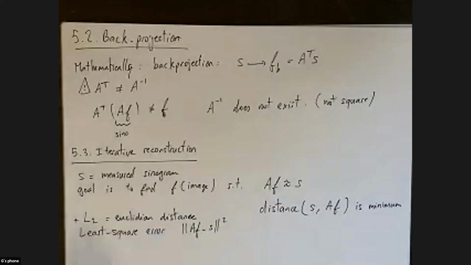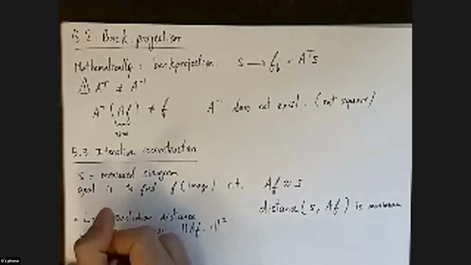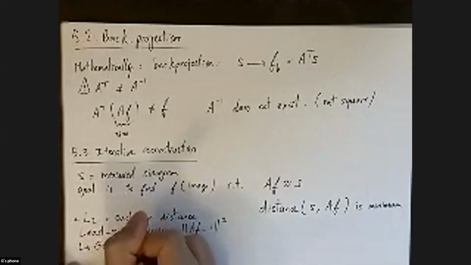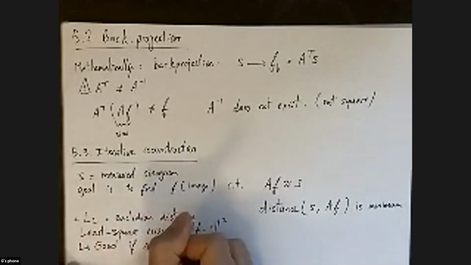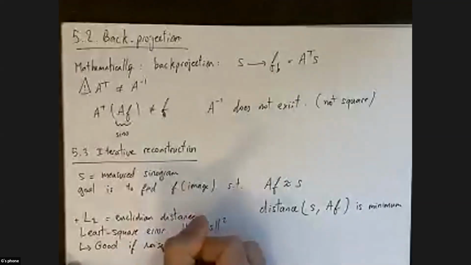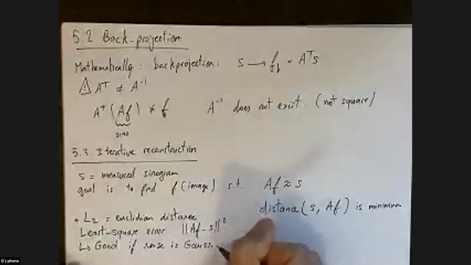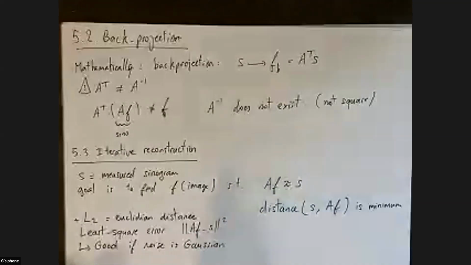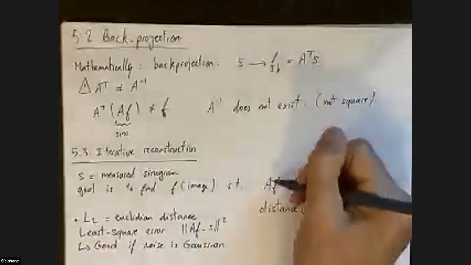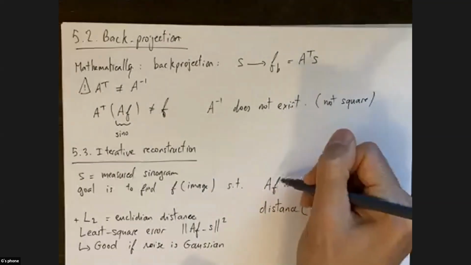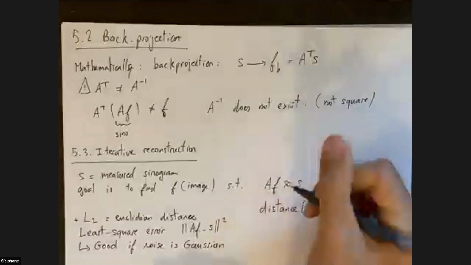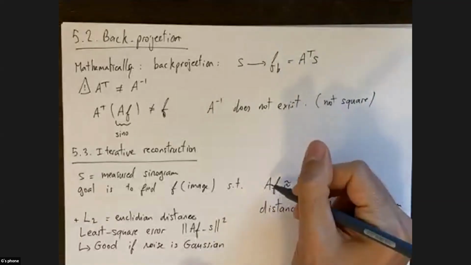This distance works well if the noise is Gaussian distributed, or normal distributed. This process of measuring the distribution of tracer is idealized.